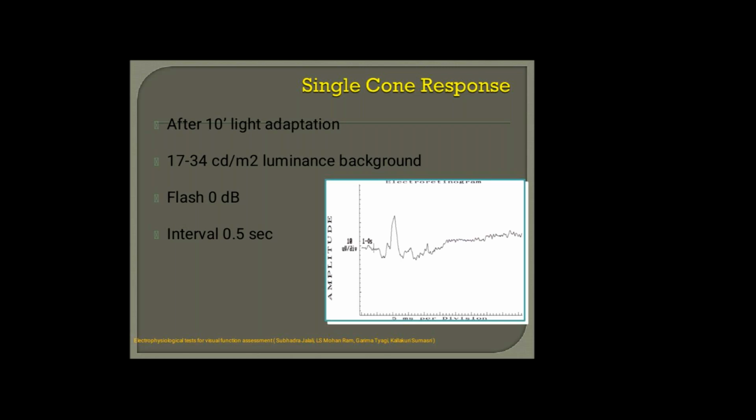Off bipolar cells are those cells which are negatively charged at the center and positively charged at the periphery. The B wave comes from the inner retinal cells. So I already told you, in ERG, the A wave comes from the photoreceptor and the B wave comes from the inner retinal cells.